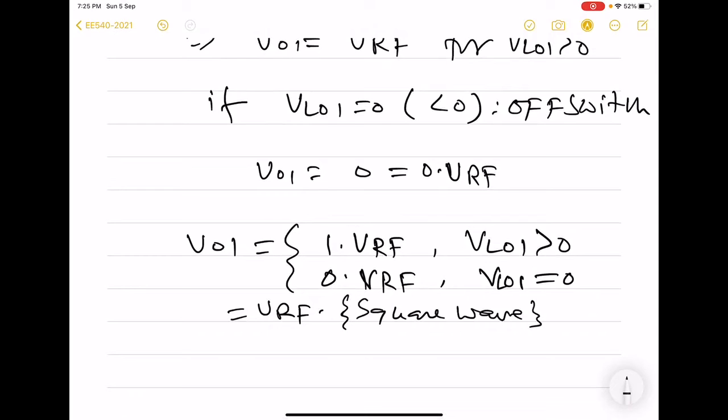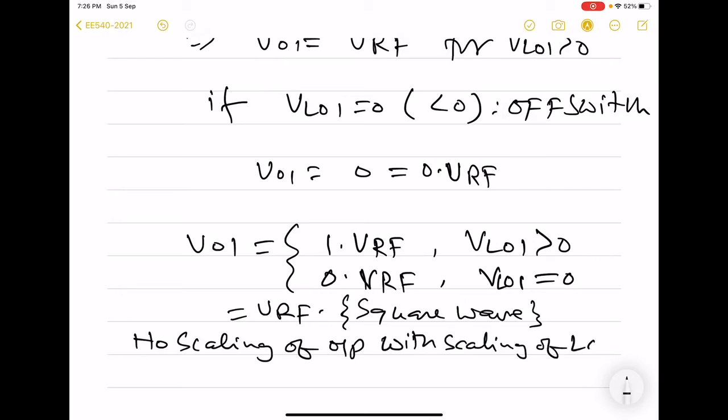So what we find is that in this case, output is not scaled. So that is why it is non-linear with respect to LO port.